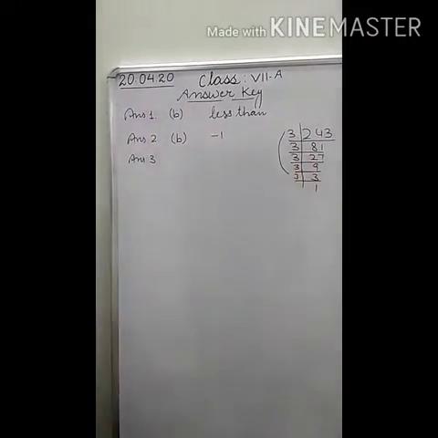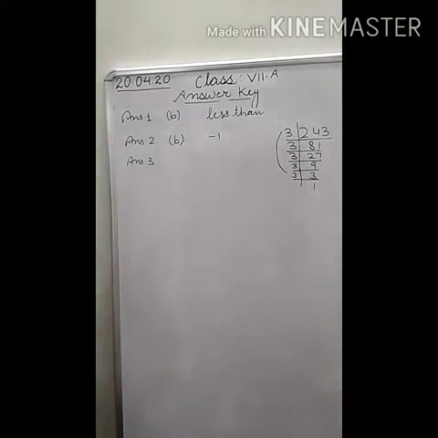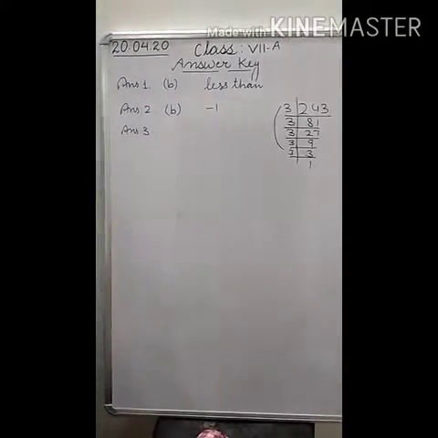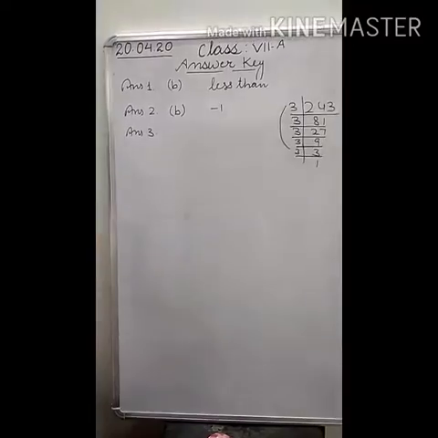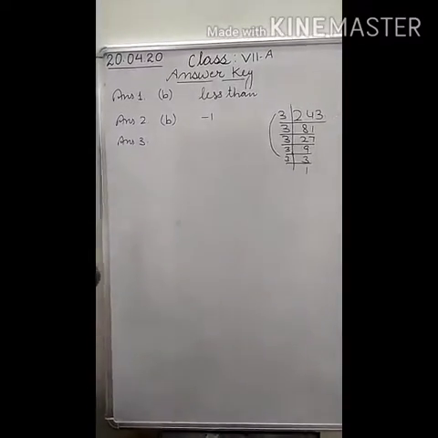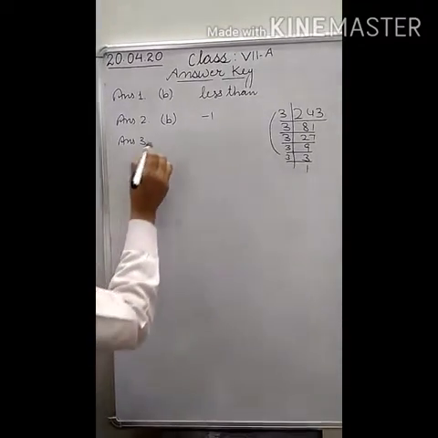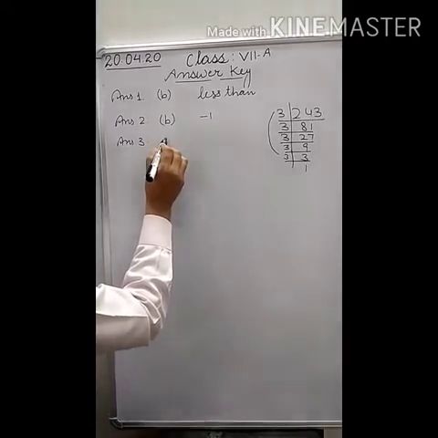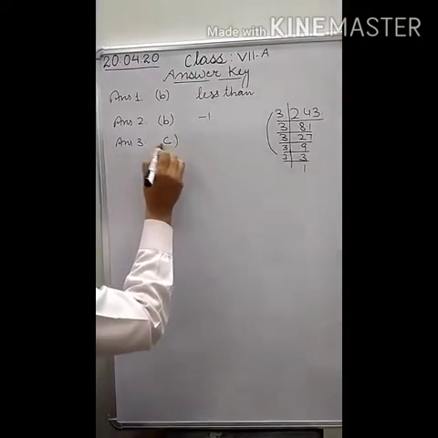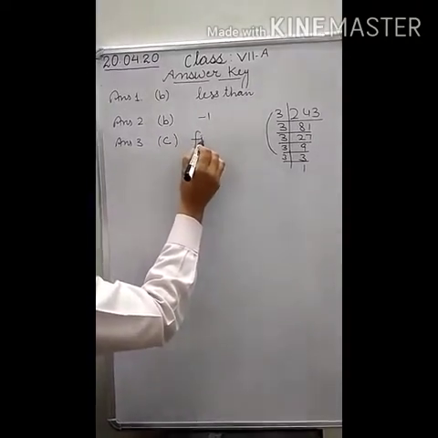Now you see how many times 3 came? 3 came 5 times. So 243 can be expressed as the fifth power of 3. So your answer will be C, and that is fifth.